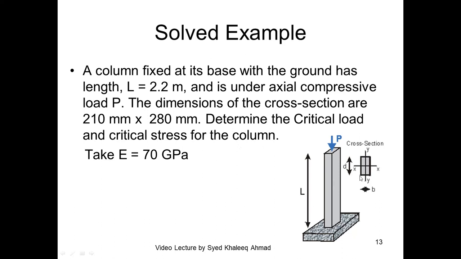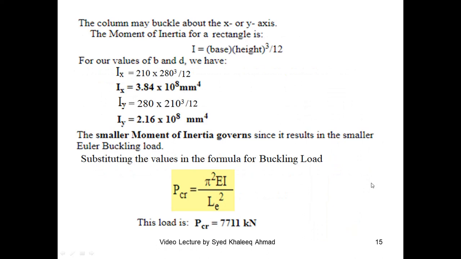We can substitute here the base and the depth, base into the depth cube divided by 12, and this value comes out to be 3.84 into 10 power 8 millimeter power 4. Similarly, we can calculate moment of inertia about the y-axis. In that case, it will be depth multiplied by b cube divided by 12.